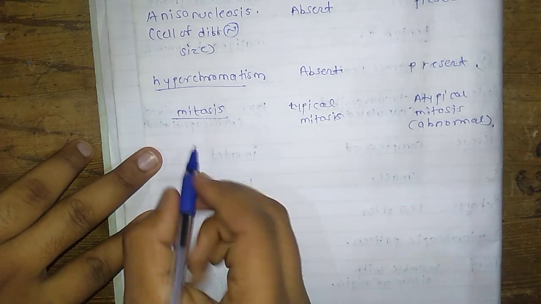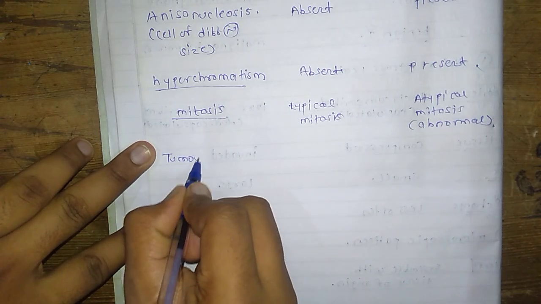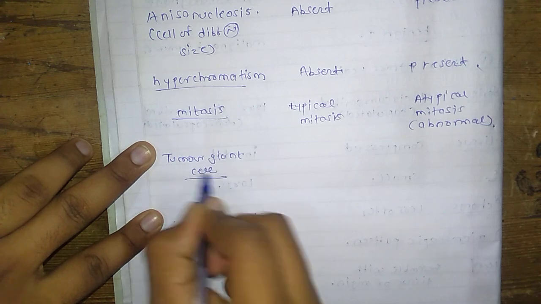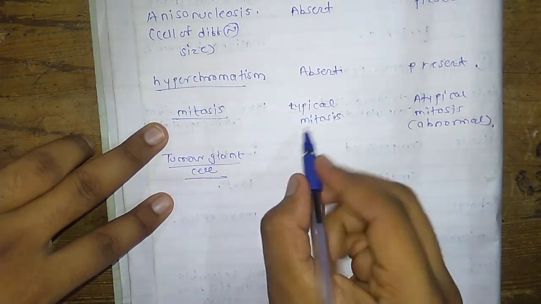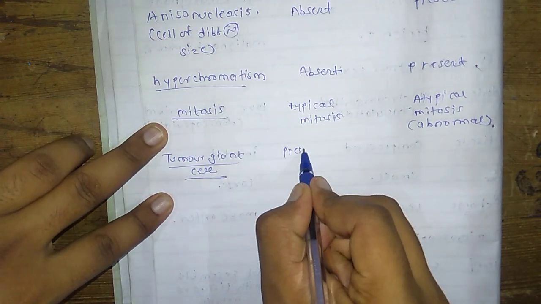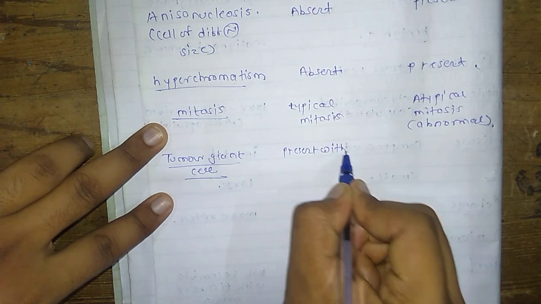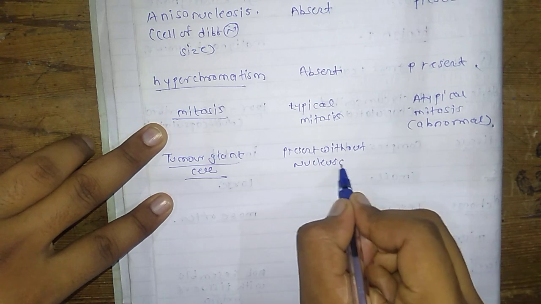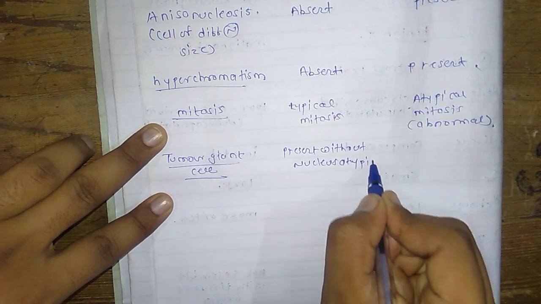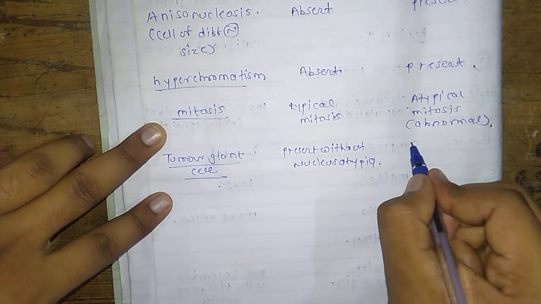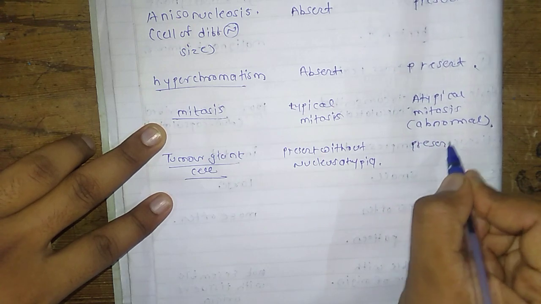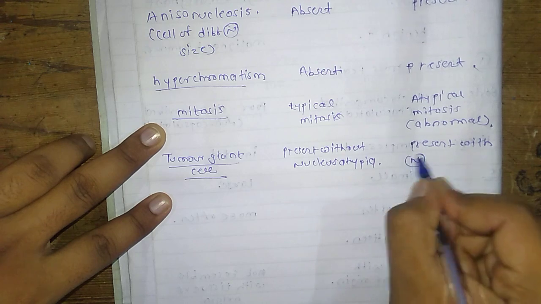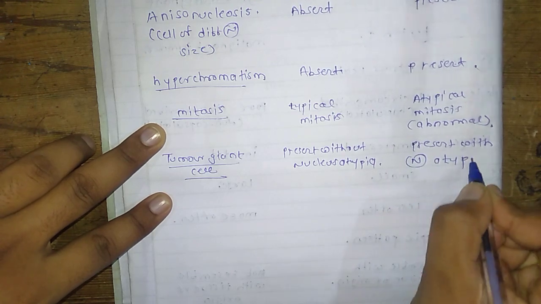Then tumor giant cells. These are present without nuclear atypia in benign tumor, or present with nuclear atypia in malignant tumor.